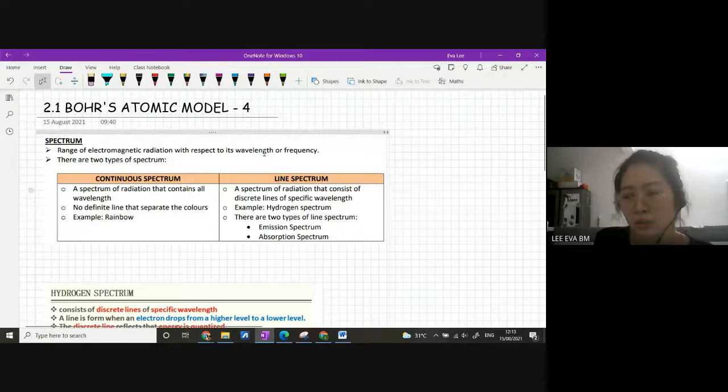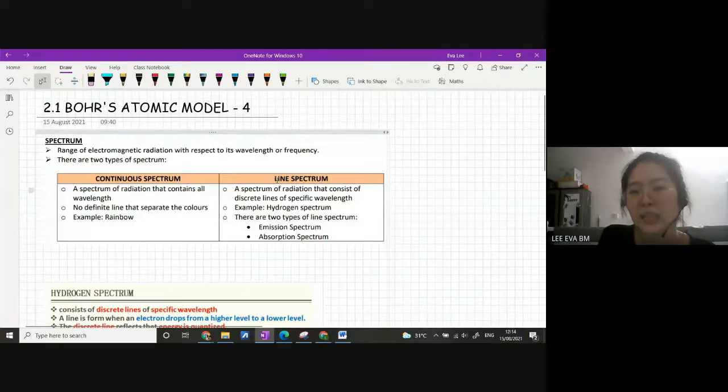There are two spectra that exist naturally, the first being the continuous spectrum. A very easy example is the rainbow. Rainbow is called a continuous spectrum, where there is no specific line to differentiate between red color, orange color, yellow color. So it is continuous.